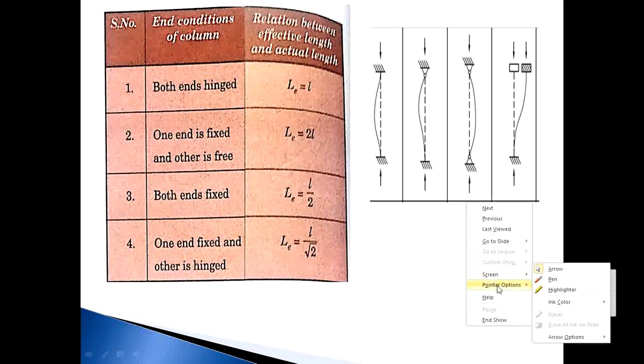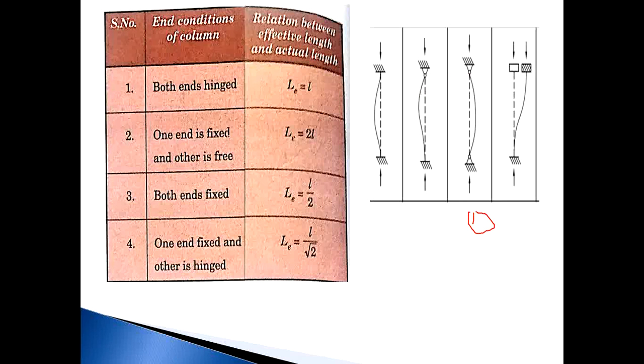For this condition, the effective length of the column is L effective equal to L, where L is the actual length. When both ends are hinged, our L effective will be L.